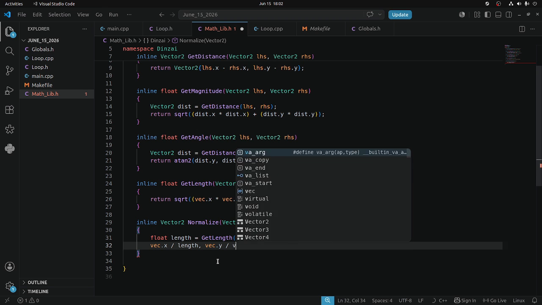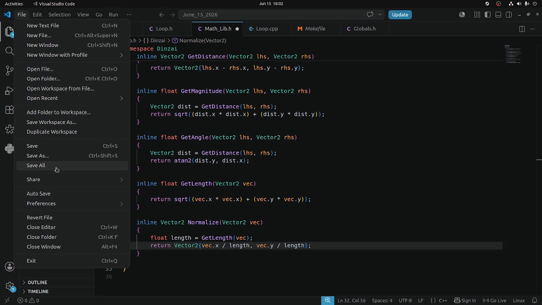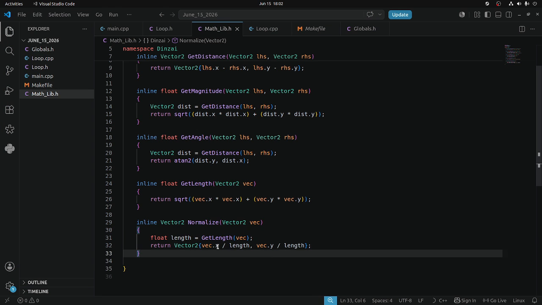I did put a comma there on purpose. And we're going to surround that in curly brackets. I'm going to put vector 2 around it. And then I'm going to return, and use a semicolon at the end. This is constructing that vector 2. But taking the x divided by the length and the y divided by the length, this normalizes our vector.